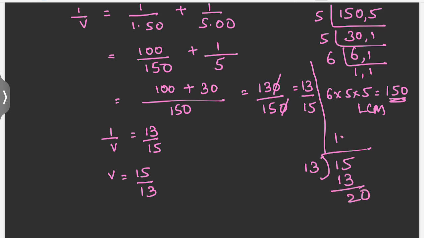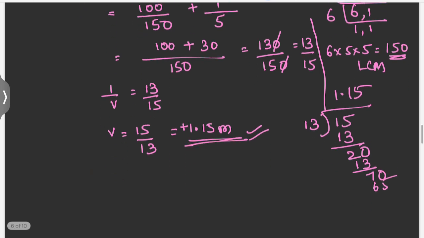Decimal, 0. Again 13 ones are 13. So you will get 7. Take 0. 13 fives are 65. So this is equal to 1.15 meter. Here the sign is plus, plus 1.15 meter. Here V is nothing but the image distance. So the image distance we have calculated is plus 1.15 meter.